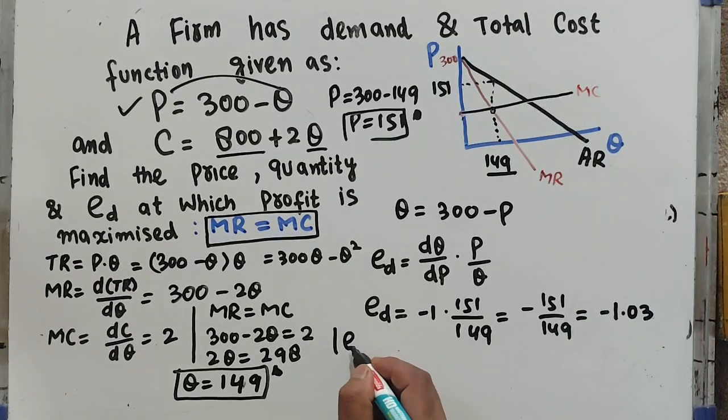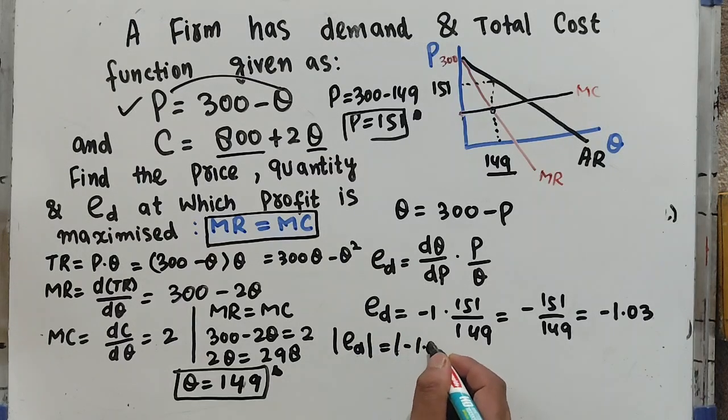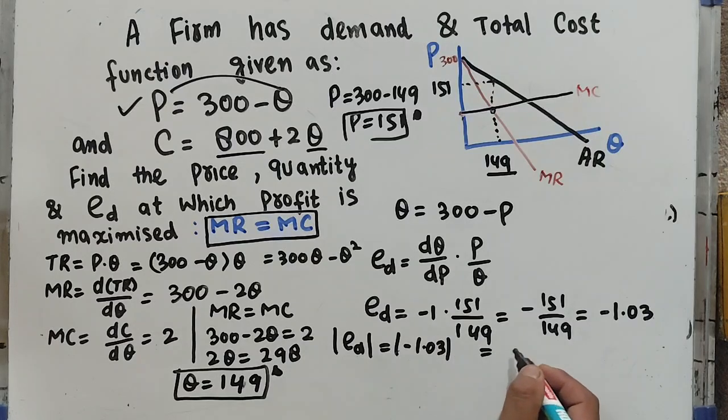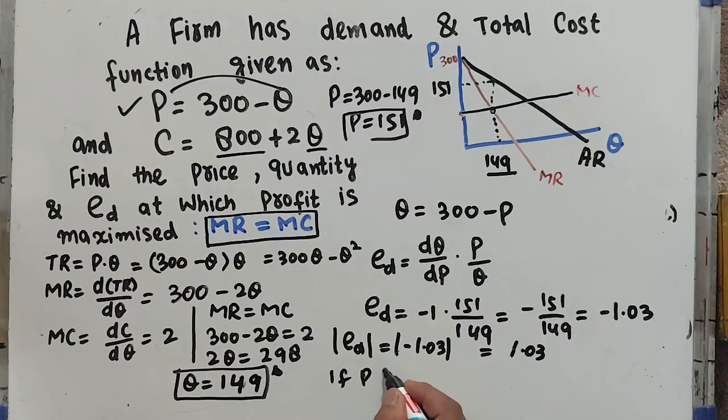If I write it in absolute form, elasticity of demand will be equal to negative 1.03, which is 1.03 in absolute terms. So it simply tells us that if price increases by 1%, quantity demanded will decrease by 1.03%.